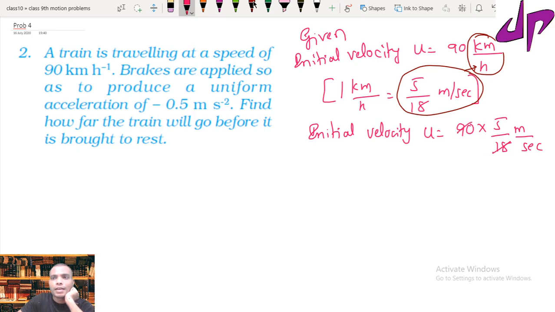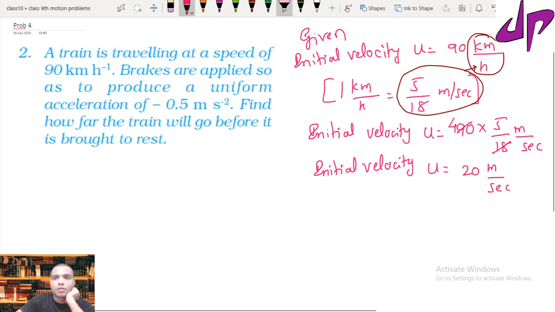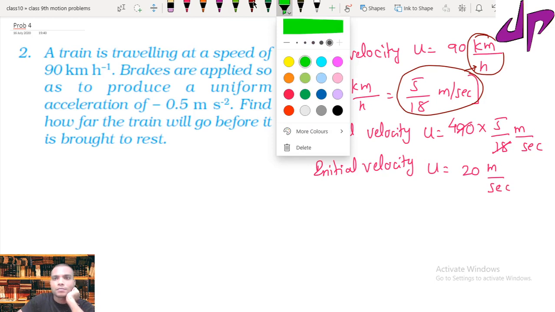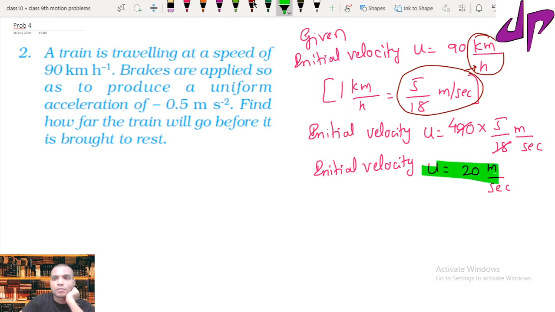So 18 in 90, 4 times... so the initial velocity u equals 20 meter per second. So this value we can highlight. Initial velocity u equals 20 meter per second.